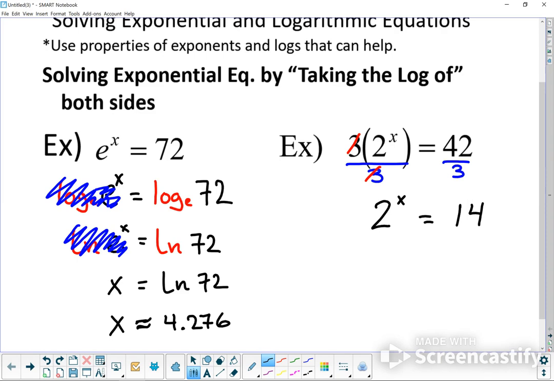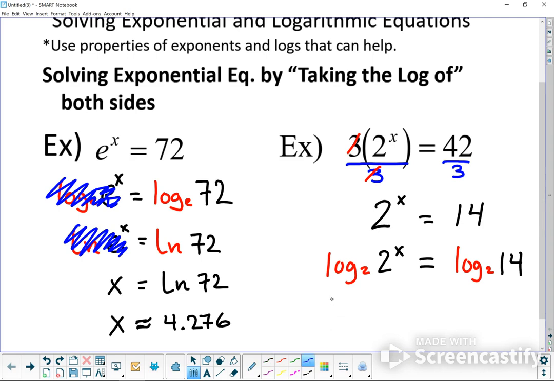Now we have an exponential base 2. To get rid of an exponential base 2, we have to do a log base 2 on both sides. So log base 2 of 2 to the x. Remember, this is one of our properties.